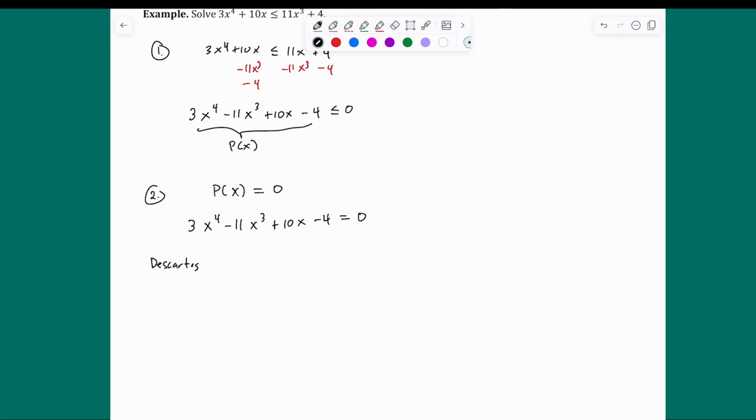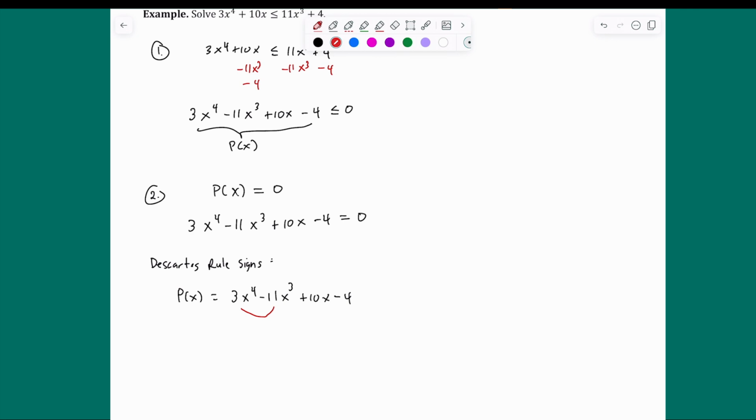So let's look at Descartes' rule of signs real quick, just to give us an idea of whether we have any positive or real zeros. Basically, you examine p of x and see how many sign variations the polynomial has. So let's rewrite this polynomial and see the sign changes. It went from a positive coefficient to a negative coefficient, so that's one sign change.